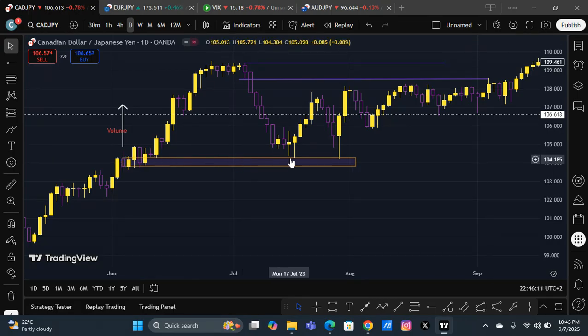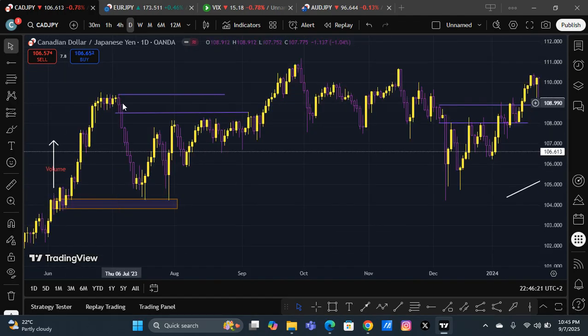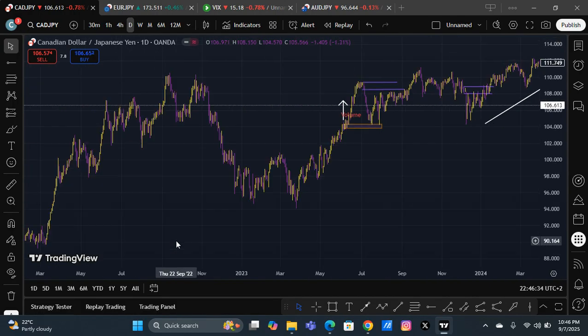First touch, second touch, the third touch manipulated. It dropped below the entry, and that tells you that volume is coming into the market. Remember, this is the 5th of July that I was talking about after the turnaround. This is volume coming into the markets after that economic report.